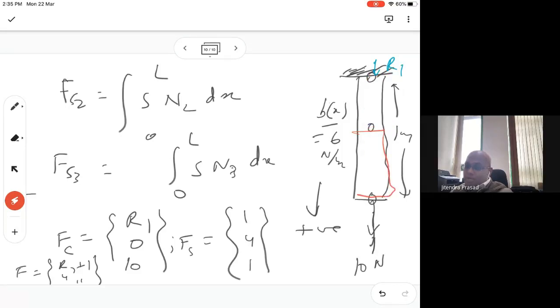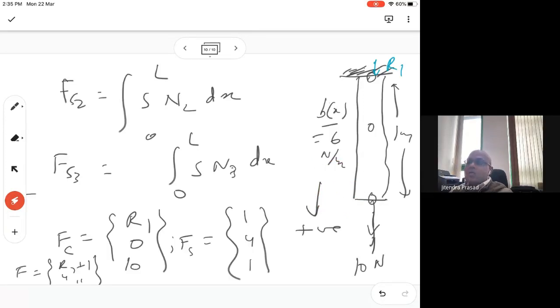Similarly, this is half of the weight, half of the half goes here, half of the half goes here. So total here becomes 1/4 plus 1/4 equal to half. This becomes 1/4, this becomes 1/4. That means you get 1.5 here, 3 here, 1.5 here, if you had a two-noded element.